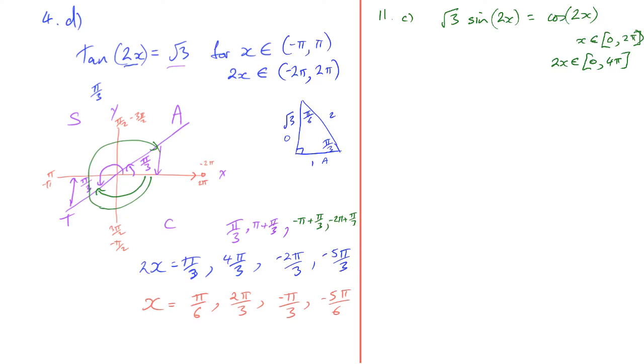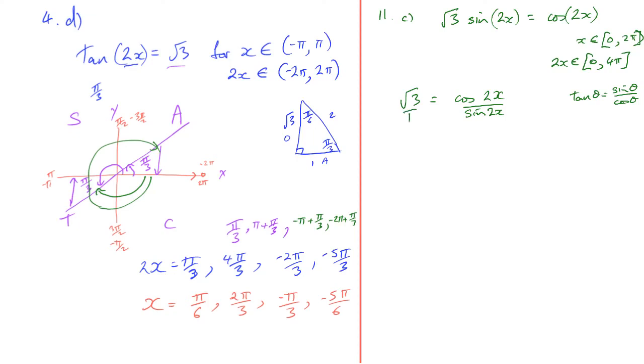So now let's simplify by saying root 3 equals cos 2x over sine 2x. Now I know that tan theta equals sine theta over cos theta. So I've got that the other way around.